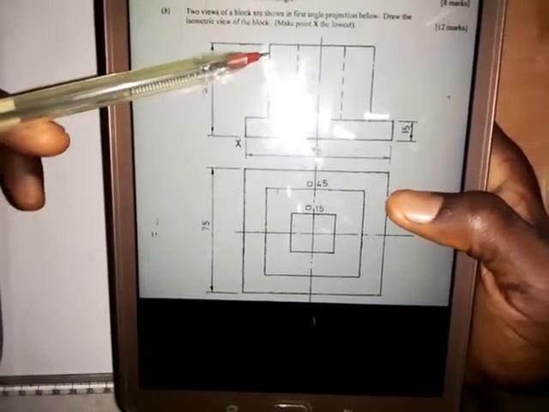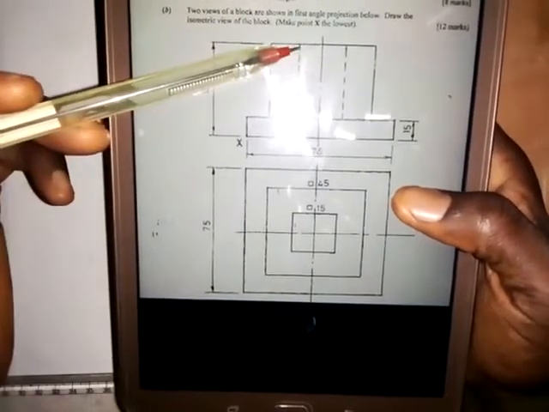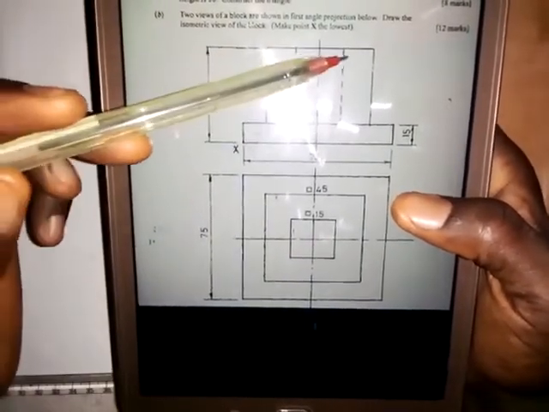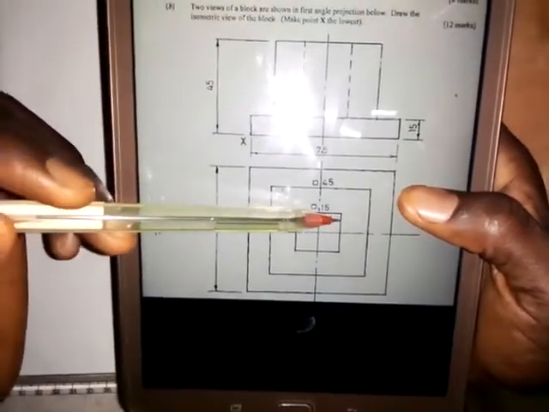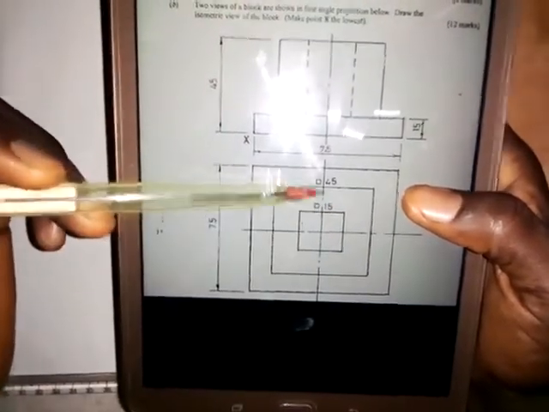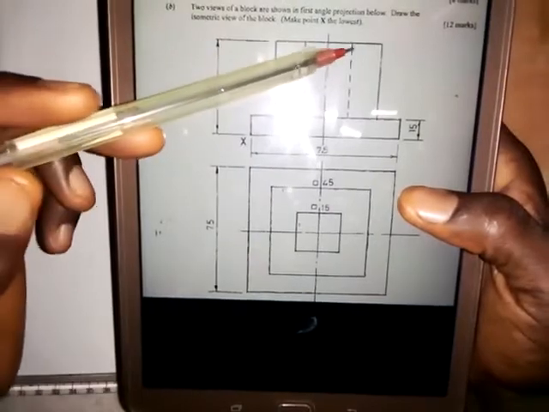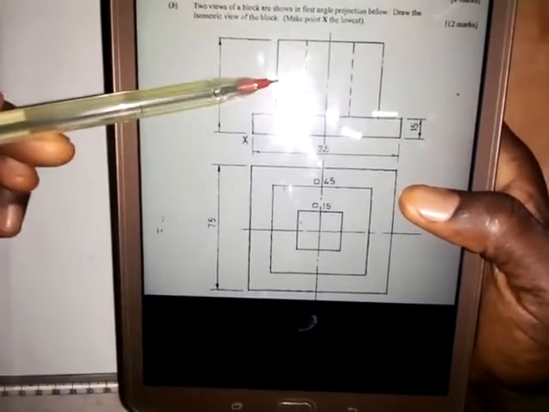That means the distance from here to here is 30 millimeters. Then what we have here that is shown hidden is for this small square that we have here. So it means that there is a square hole inside this particular part.